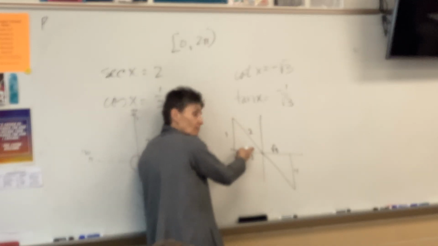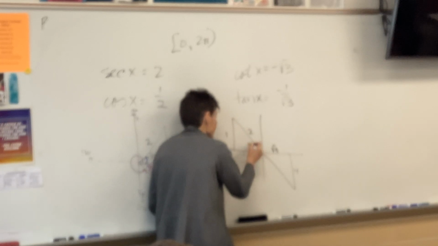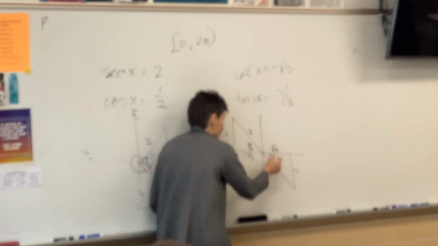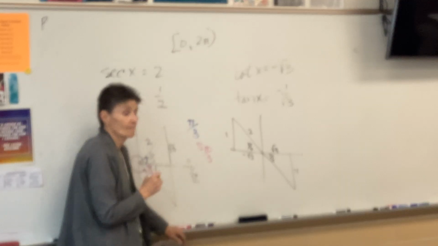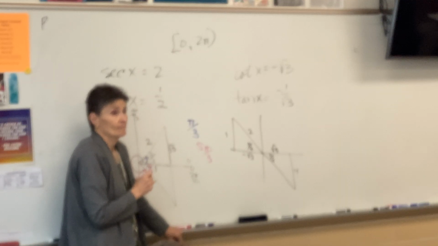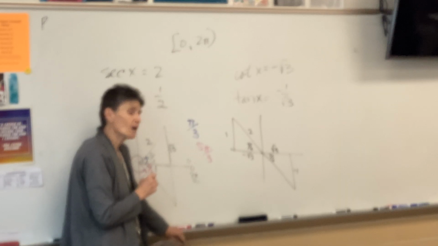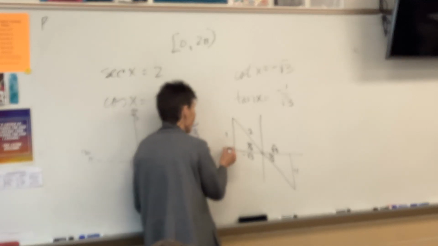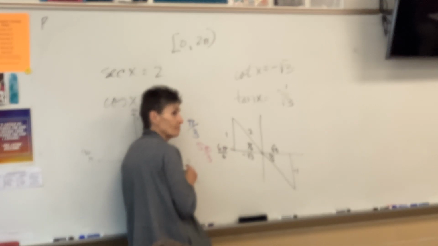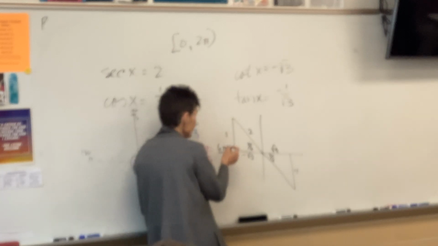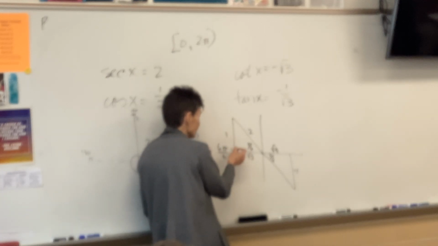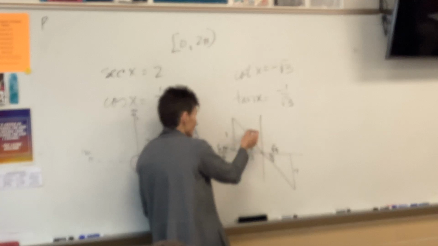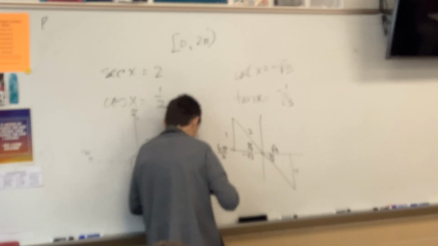How big is that angle right there? 30, so pi over 6. Now, don't let the fractions bother you. Guys, this is pi. So that would be 6, 6. So if this is 6, 6, what's this angle gonna be?